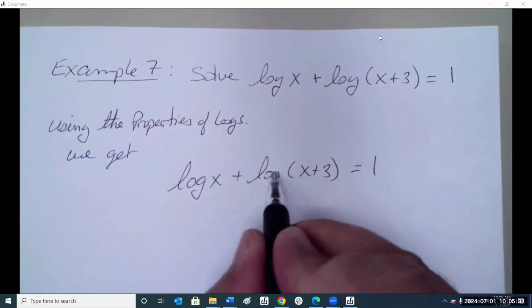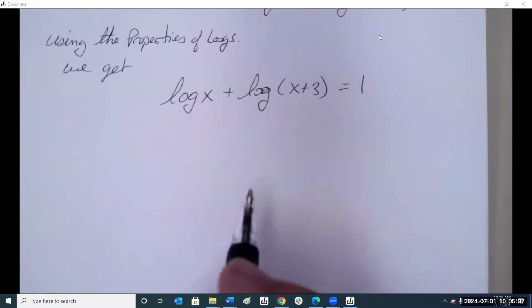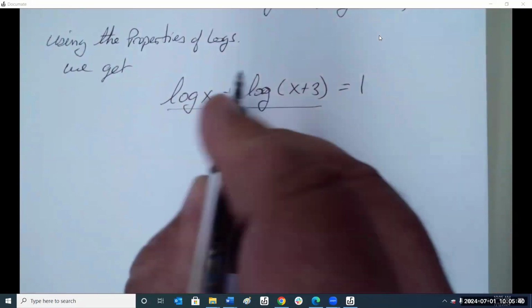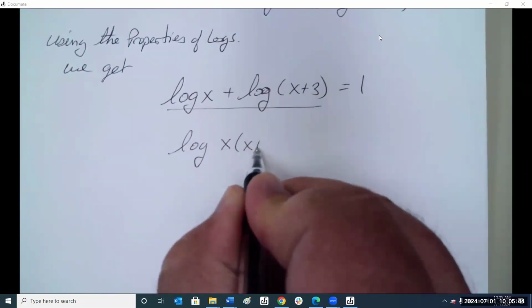Since they're both the same base, base 10, common logs, we can combine these two as x times x plus 3.